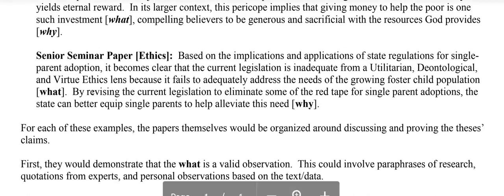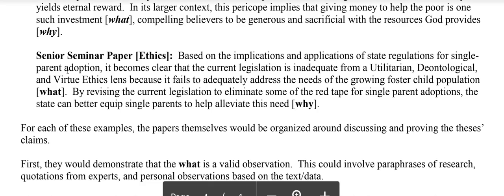And so in an ethics paper, remember that the what is your topic and your opinion. Your why is your reasons. And it's under the reasons why that becomes your body paragraphs. So here you would have: Based on the implications and applications of state regulations for single parent adoption, it becomes clear that the current legislation is inadequate from a utilitarian, deontological, and virtue ethics lens because it fails to adequately address the needs of the growing foster child population.